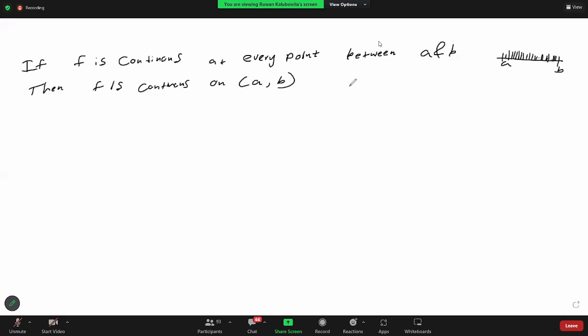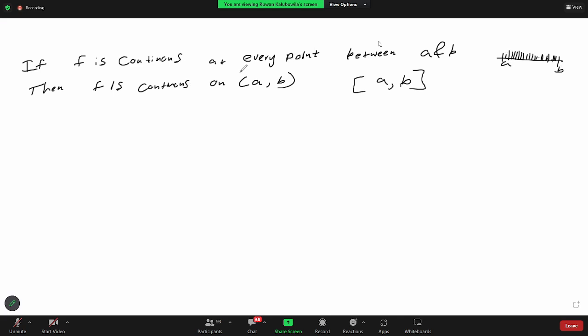If you write down the range with square brackets, that means a and b are also included in this range. The meaning of that is that at the point a and the point b also, the function is continuous. So we have to define something more, right?